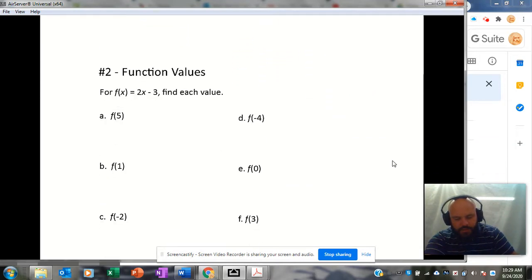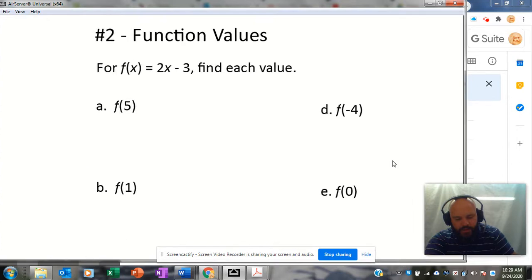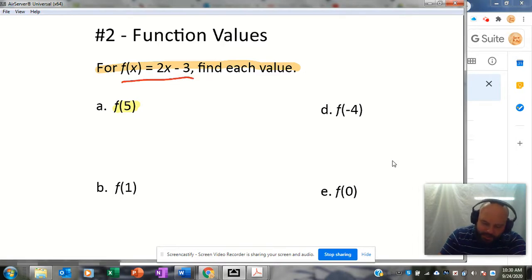This first example says function values. It says for f of x equals 2x minus 3, find each value. What they're asking us to do in this first part, f of 5, is take the function that I just underlined, and in place of x, put 5.